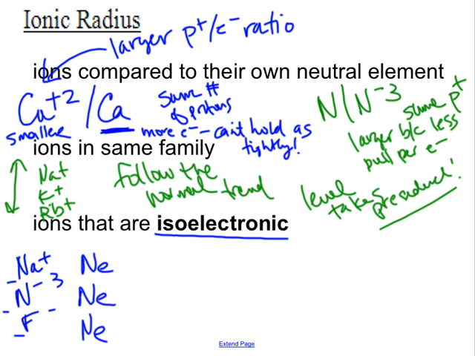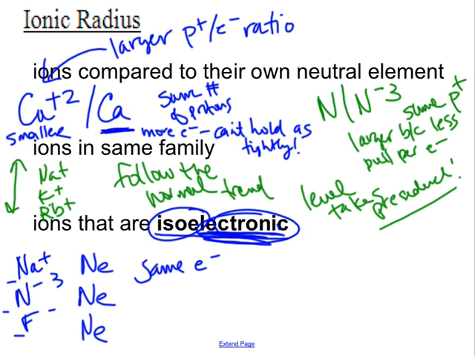Okay. Now we have to look at what's the same about all of them and then make our comparison. What's the same about all of these? And don't tell me number of protons, because number of protons is different. The electron configuration. So what does that mean? We have the same number of electrons. So what's going to dictate the size in this one? Number of protons. So which one's going to be smaller, the one with more protons or fewer protons? More.